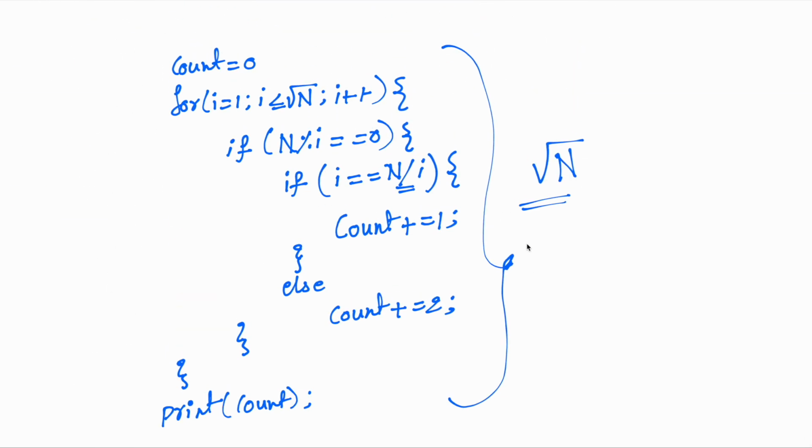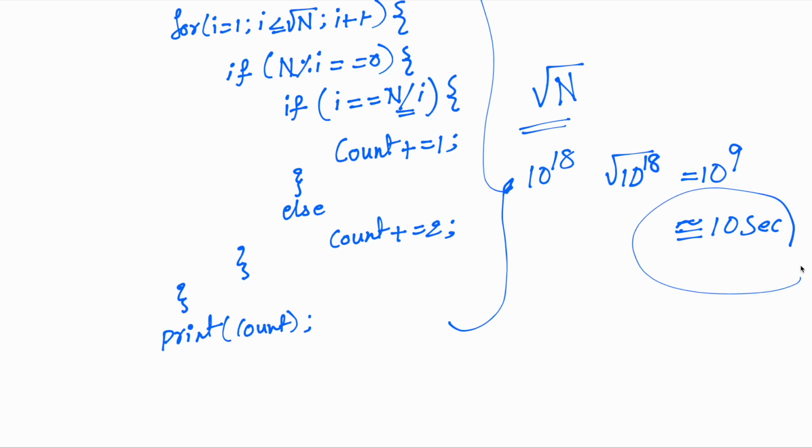Let's say the input size is 10 power 18, our iterations are root of 10 power 18, which is nothing but 10 power 9, which we already calculated, right? 10 seconds. So this one we reduced from 317 years to 10 seconds. This is the power of optimization. That's why interviewers care about optimal problems so much.